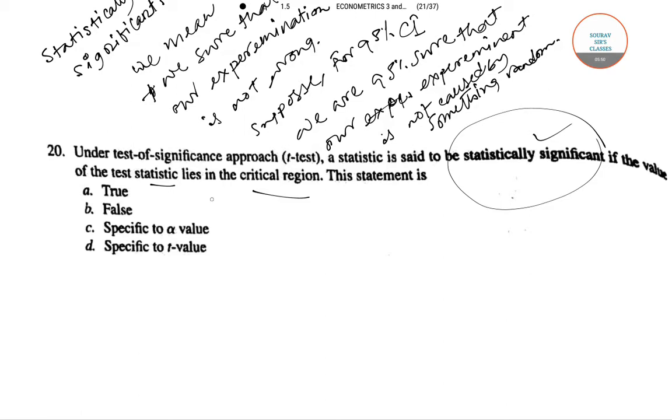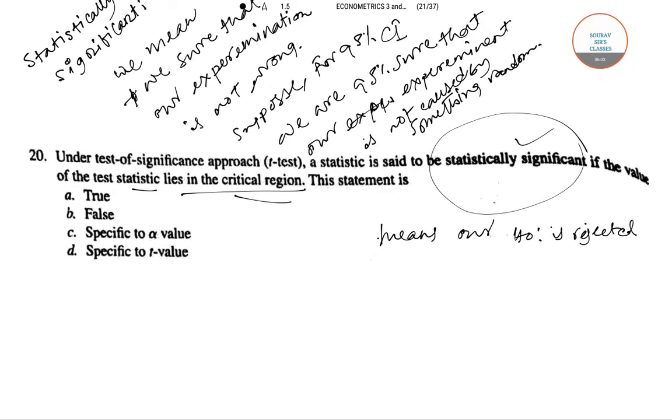Now, the value of the t-statistic falling in the critical region means our H0 is rejected. Thus, the statement is true. So, option A is the correct answer.